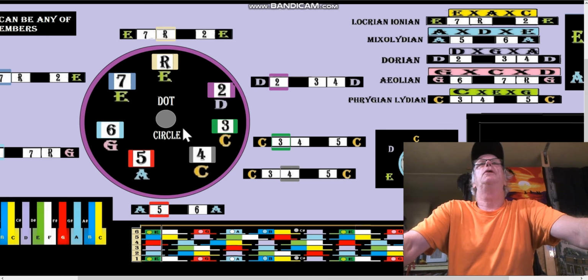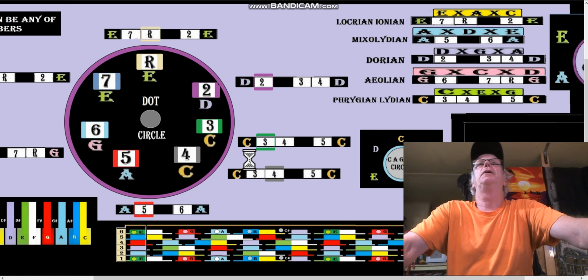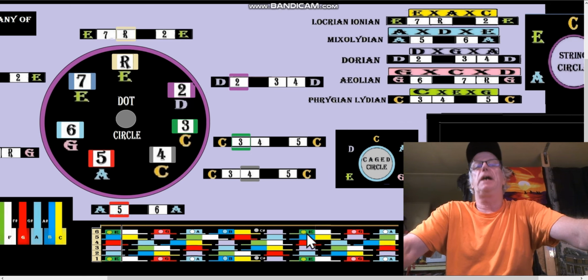All right, so we're going to look for a dot that we want to start on. Obviously, it would be the E dot. But what pattern are we going to play from that E dot? So we have information. We have the key that we want to play in, and we have the dot that we're going to use. But guess what?